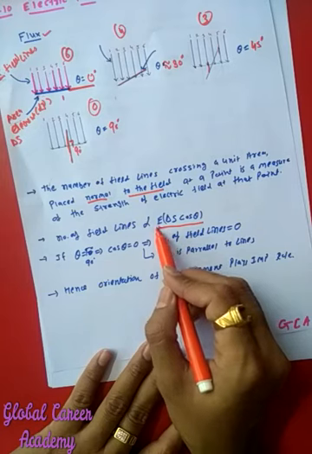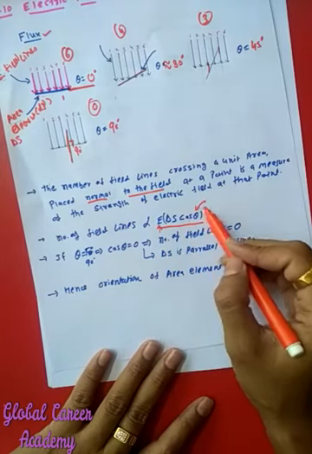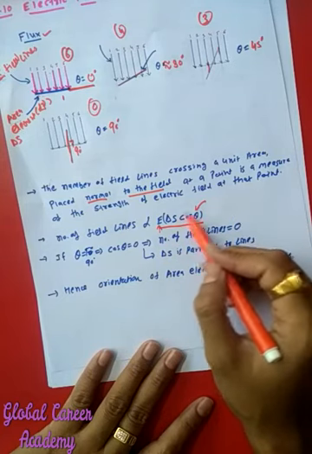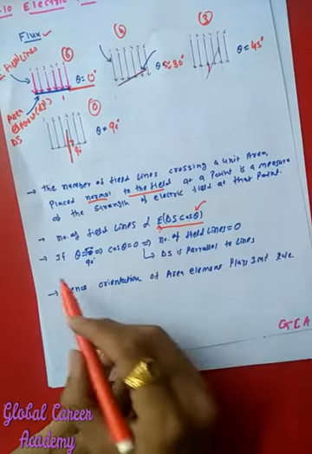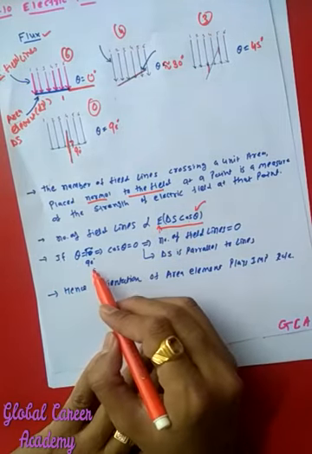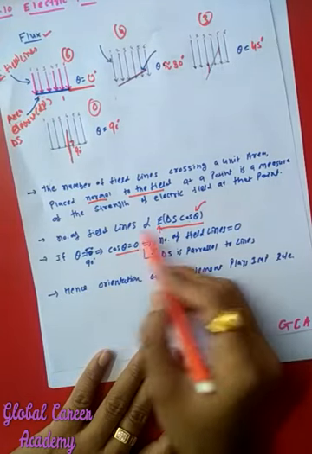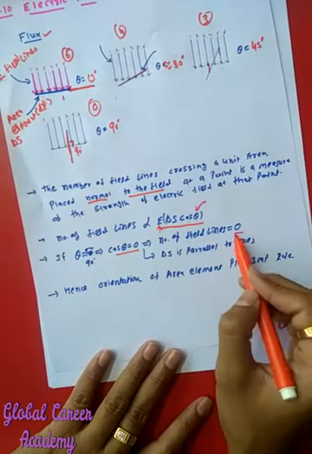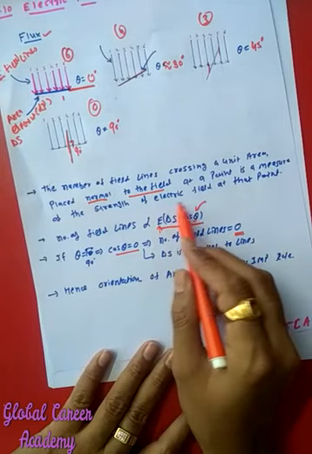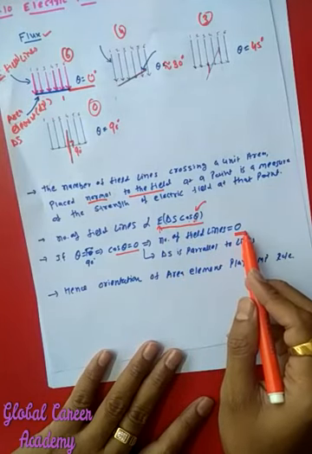E is the electric field, and delta S cos theta is the area element. Theta decides how much it is tilted. Let us take a case: if theta is 90 degrees, then cos theta is 0, and if cos theta is 0, then the number of field lines is 0, because the whole term becomes 0, and that is how my answer will be 0.